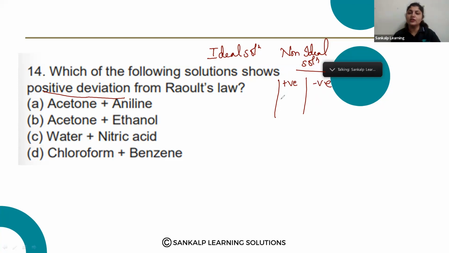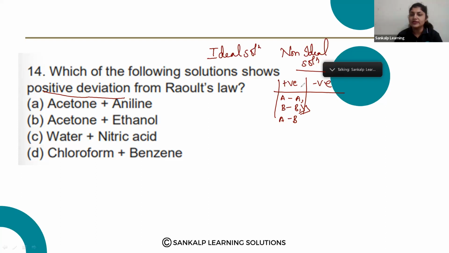Now positive deviation is what? In positive deviation, the solute-solute and solvent-solvent interaction is stronger as compared to the solute-solvent interaction. The AA interaction and BB interaction are stronger than the AB interaction.